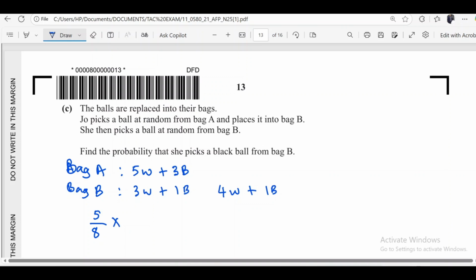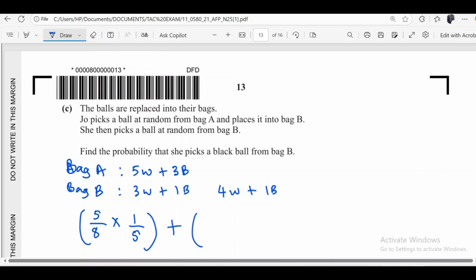The probability of picking black is going to be 1/5, because 4 white, 1 black. If white is picked from bag A and dropped into bag B, the number of whites in B will increase from 3 to 4, and the total number of balls in B will increase from 4 to 5.